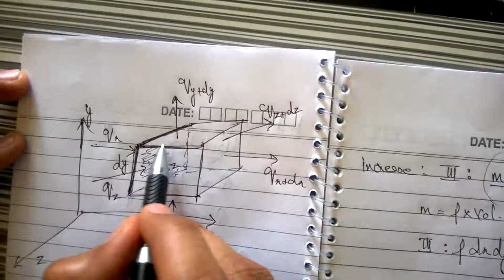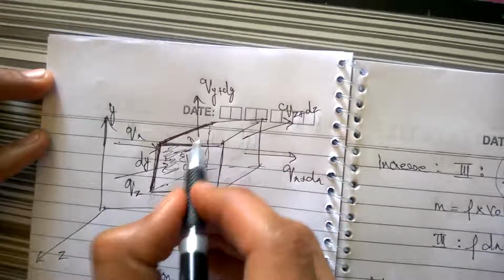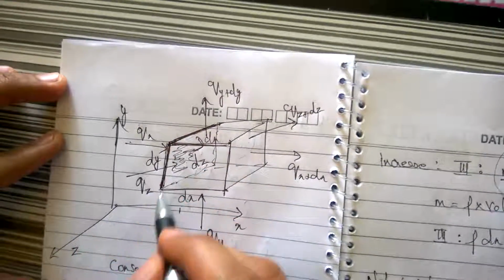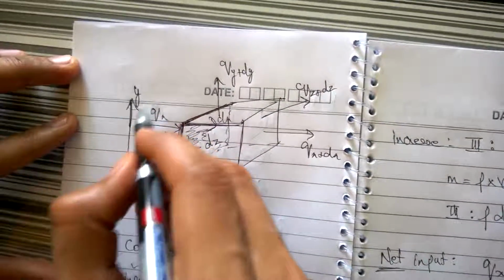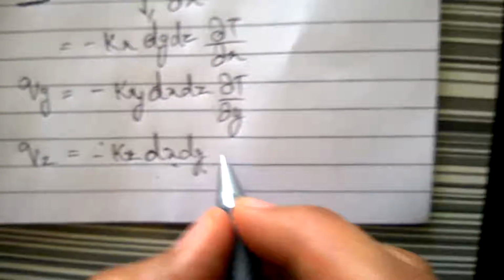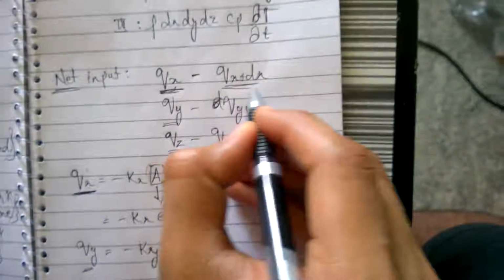Look at this length, this is in the direction of x, and this length is dx, and this vertical is in the direction of y, so this is dy, so the area is dx into dy. Now we have got our Qx, Qy and Qz, but we need to know how Qx is related to Q(x+dx).